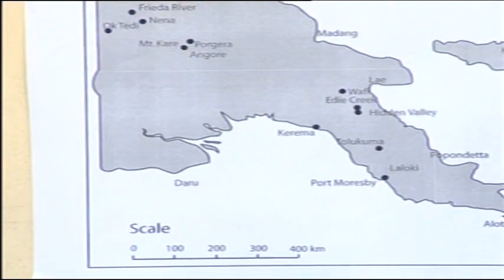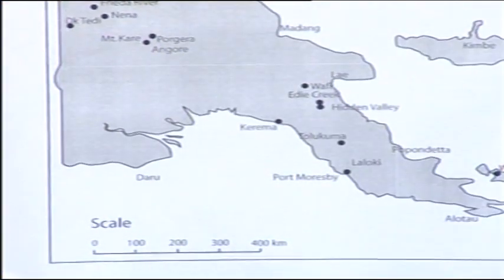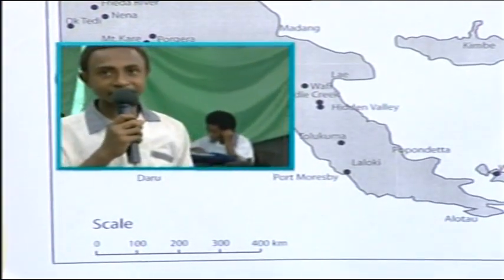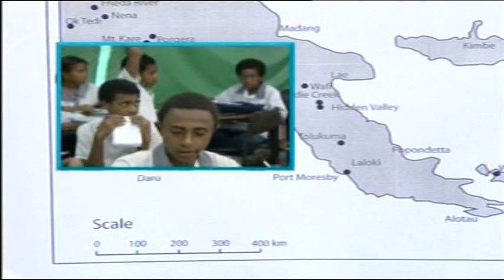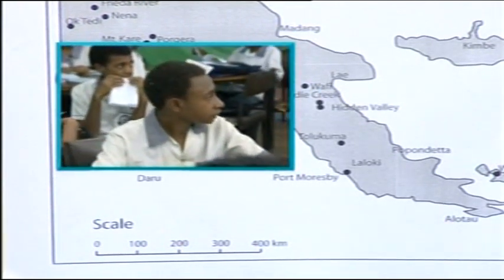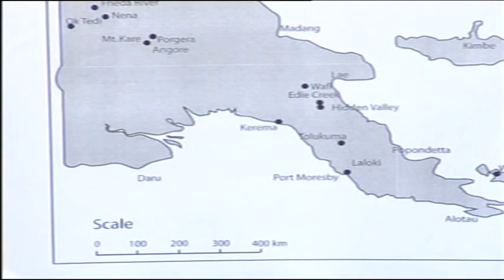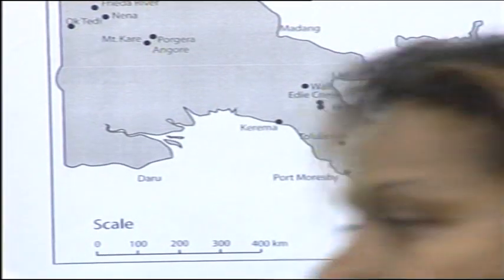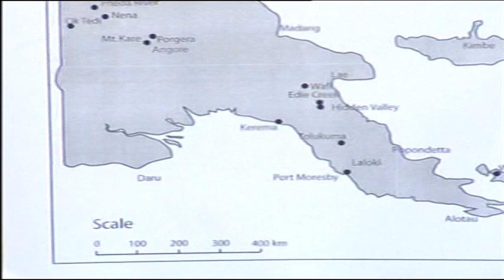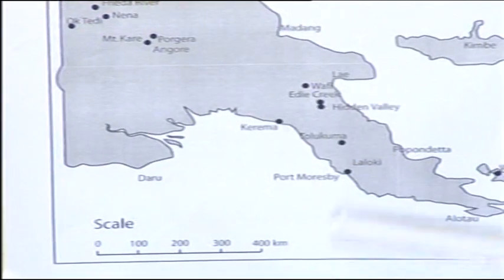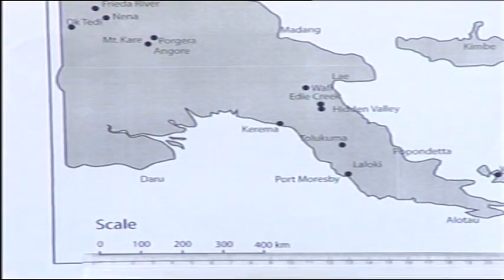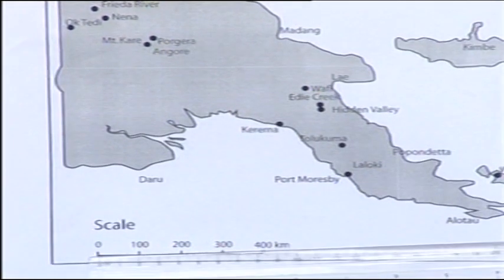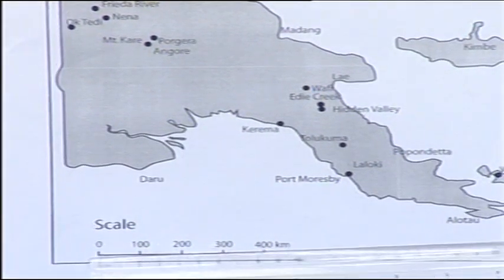Win? 100 kilometers. 100 kilometers, is it correct, class? All right, looking at your scale again very carefully, 1 centimeter, using your ruler, 1 centimeter on your map represents 100 kilometers.